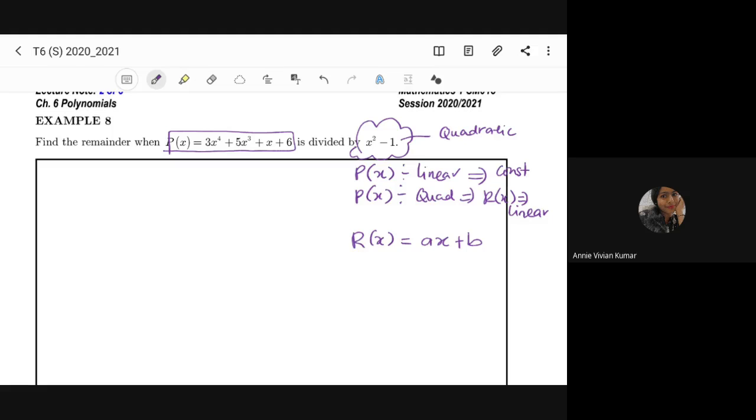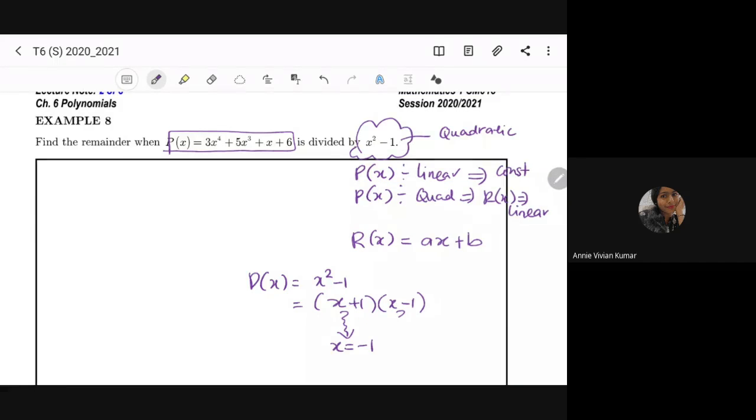Okay, and then given the divisor is x squared minus 1, so Dx equals x squared minus 1. And x squared minus 1 can be factorized as x plus 1, x minus 1. So from x plus 1, we will get x equals negative 1.